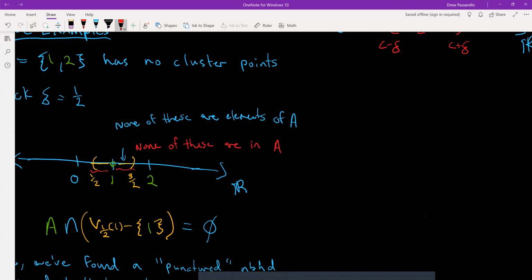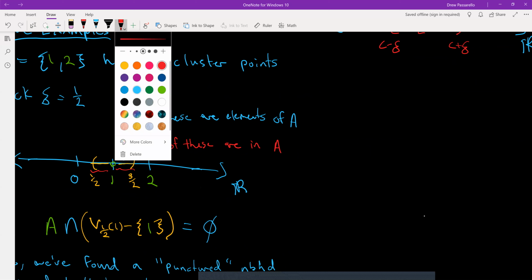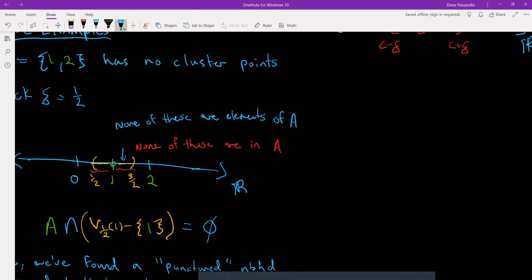So that means 1 is not a cluster point. The same argument can be made for 2.